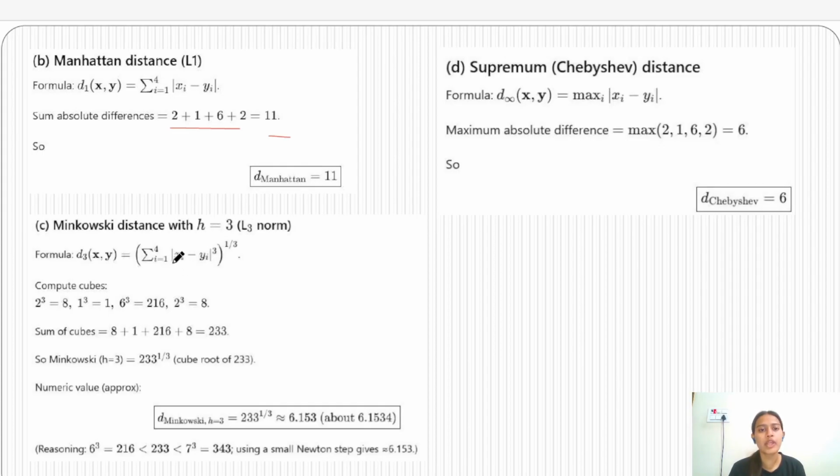We have to take the cube of the differences, sum them, and then take the cube root. And the value that we get is 6.153. It is our Minkowski distance value. Now supremum distance: we just have to take the max of all these differences, which is 6. So our answer is 6.